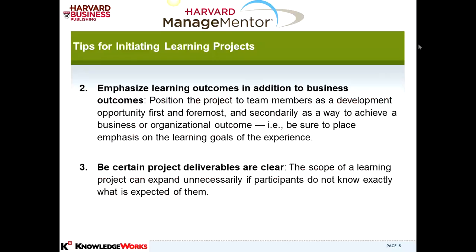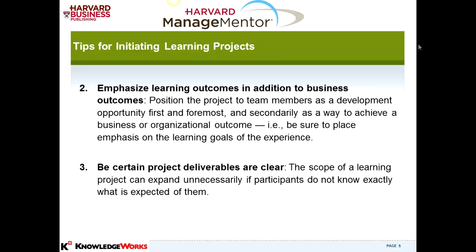The other thing we want to share as you initiate these learning projects is to emphasize learning outcomes as a really essential part of the project itself. Whereas it's important that there be business impact for the persons who are engaging in the project with you, the learner, you want to be clear that there are some specific learning intentions to be achieved, and you want them to be clear what those are.